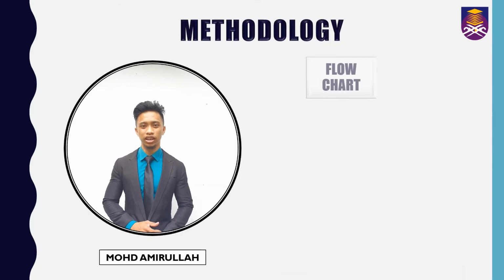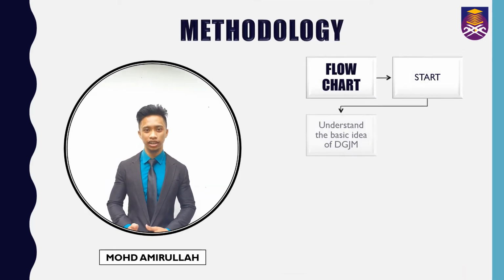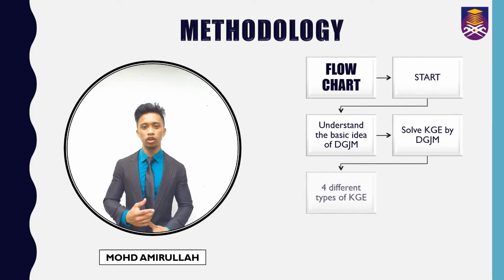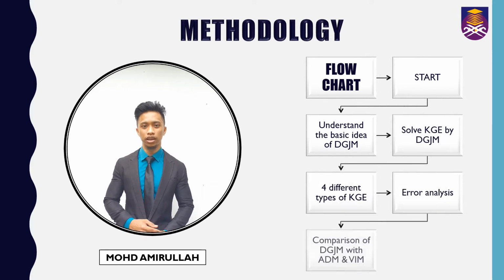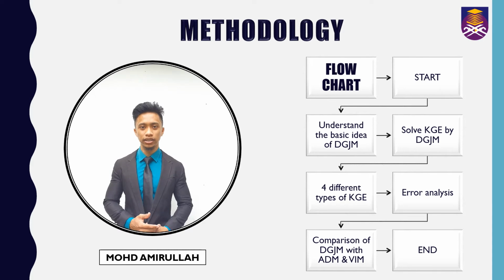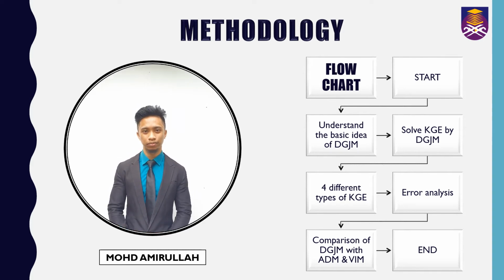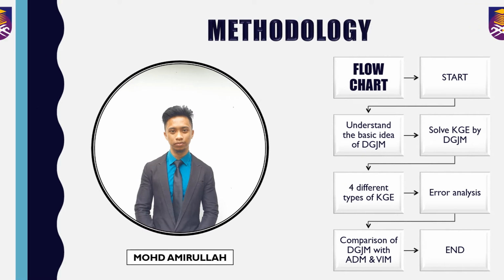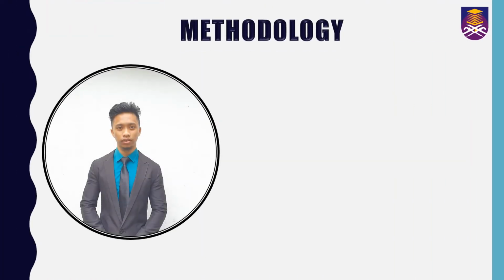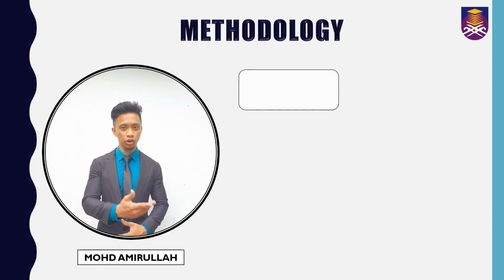Next, methodology. The flow chart starts from understanding the basic idea of DGJM and solving KGE by implementing DGJM. It then performs error analysis and makes a comparison between DGJM with ADM and VIM. The form of DGJM is shown in the slide.